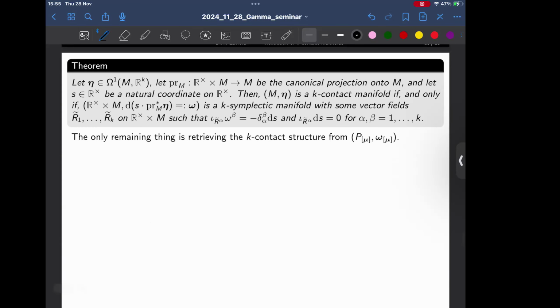Okay, so I was talking for more than half an hour about k-symplectic manifolds. So how are they related to k-contact manifolds? The following theorem gives us the answer. Let eta be an R^k-valued differential one-form on M. We have the projection from R^x times M to M, and s denotes the natural coordinate on R^x, where let me recall that R^x is just the reals without zero.